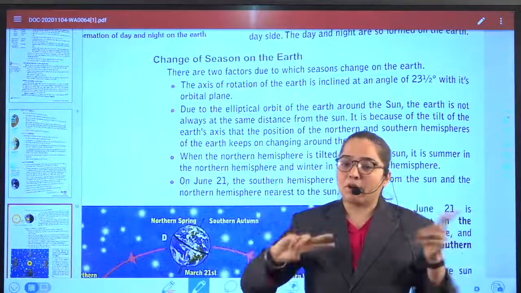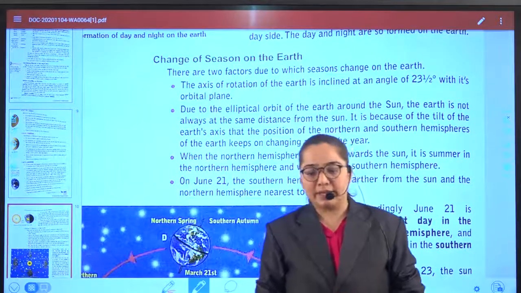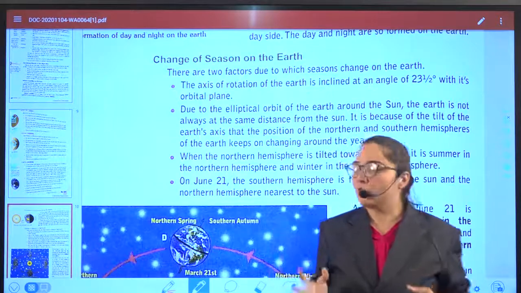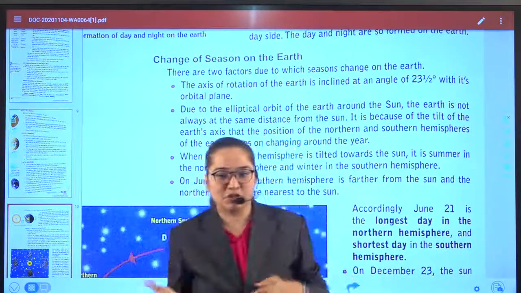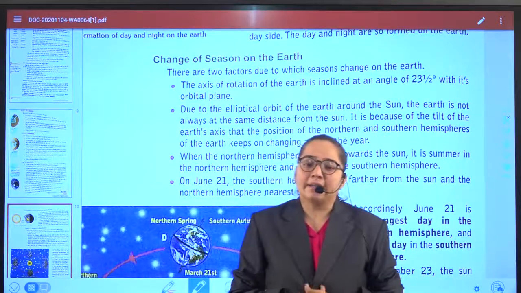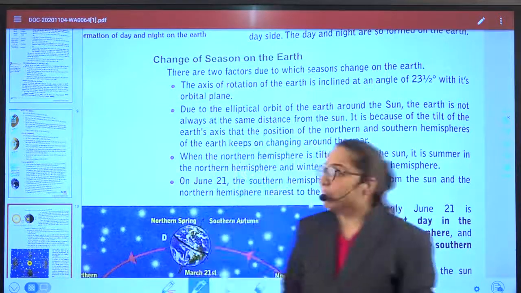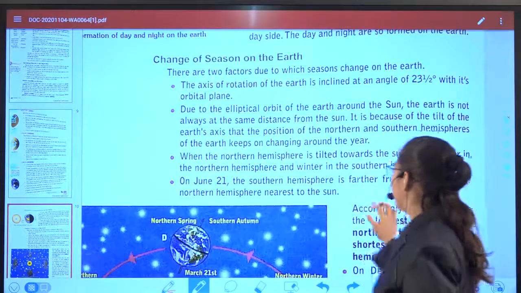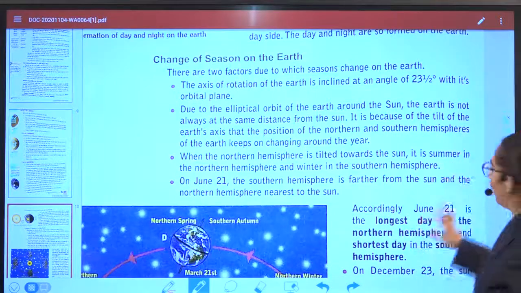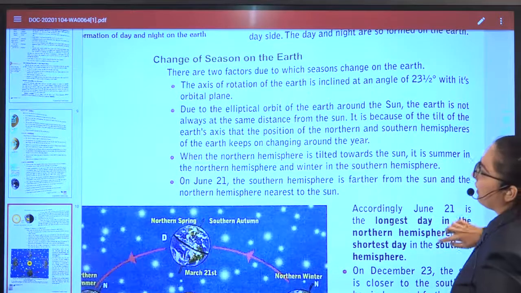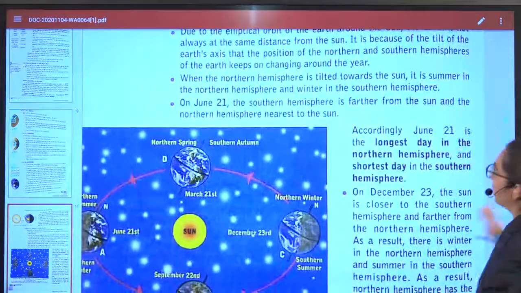And because of these two things, the earth keeps changing its position, and that's how the complete year passes. When the northern hemisphere is tilted towards the sun, it is summer in the northern hemisphere while winter in the southern hemisphere.